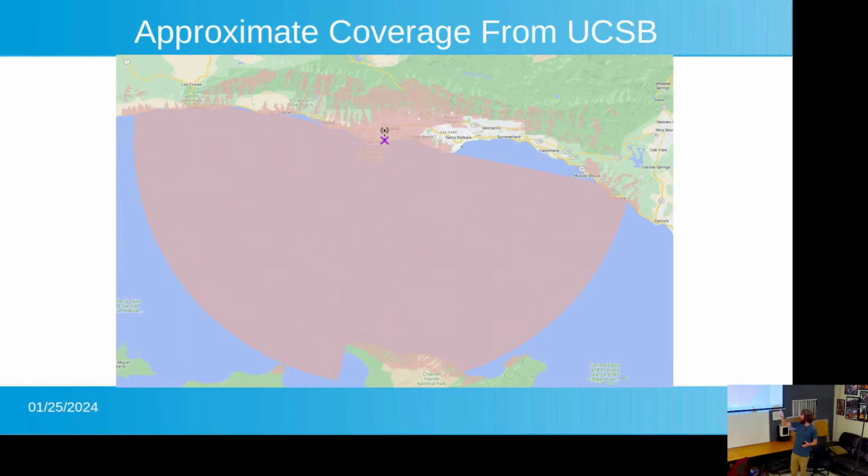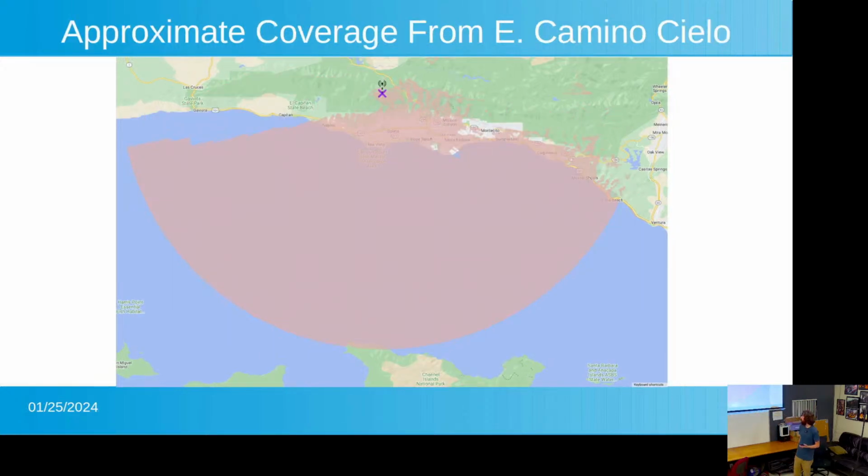So the node at UCSB, this is a hypothetical coverage map based on USGS data. So just from UCSB, we can cover out to, I forget what island that is, and then up into the hills, down a little bit into downtown, and north into Gaviota. And then West Camino Cielo looks pretty similar.